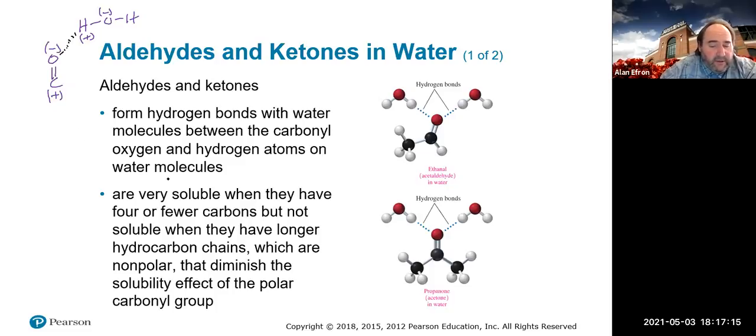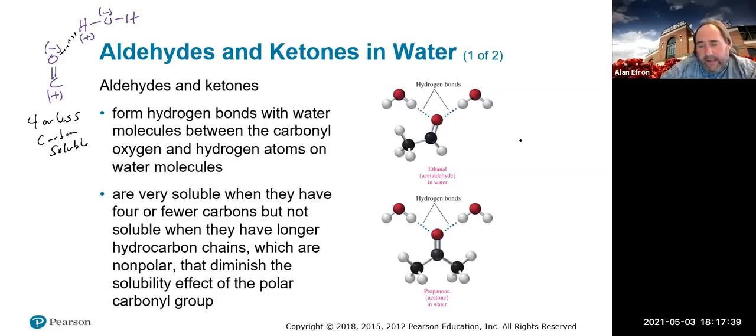That makes them very soluble when they have 4 or fewer carbons. So 4 or fewer carbons, pretty soluble. And again, they're soluble because they have that ability to hydrogen bond. But as we build out the sides of those, the solubility gets less and less with water.